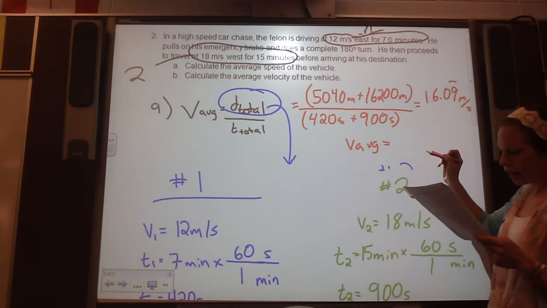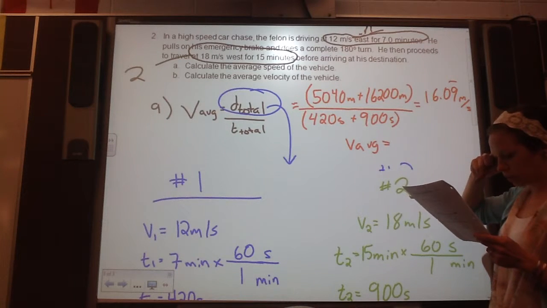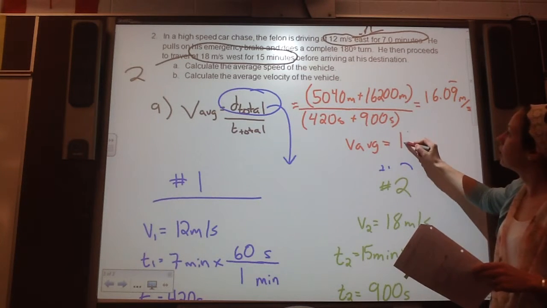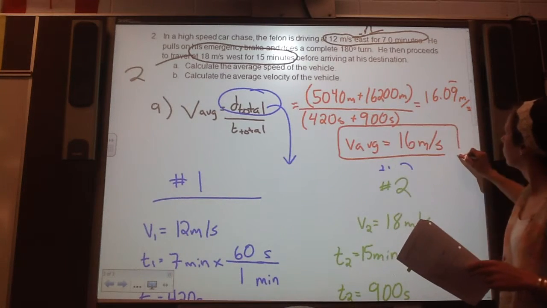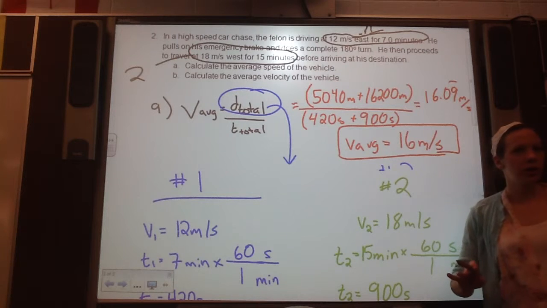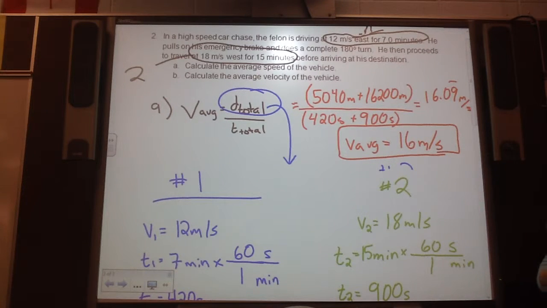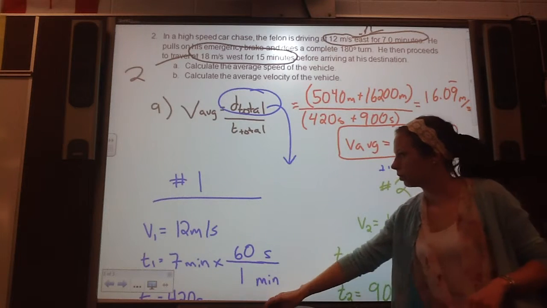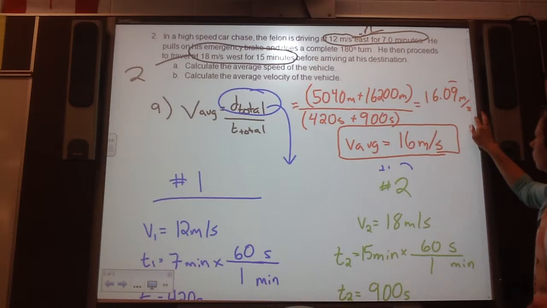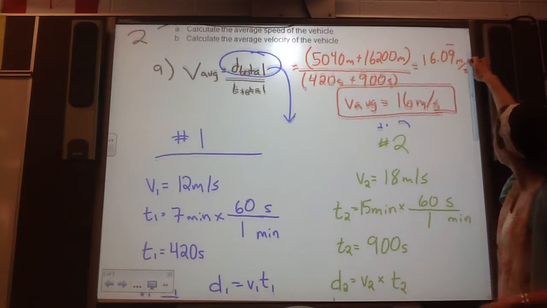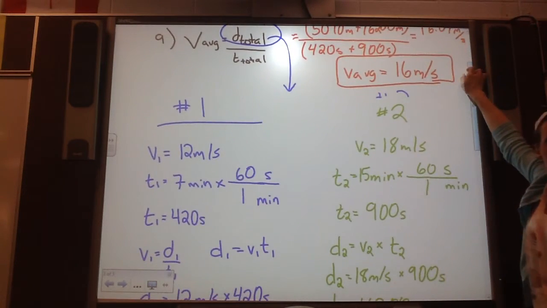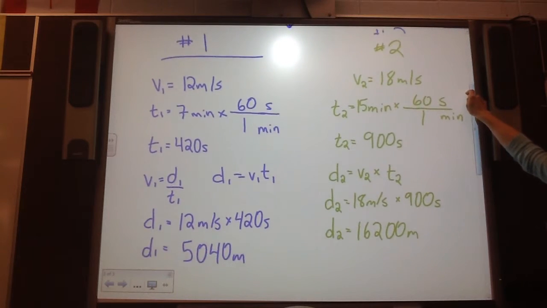So my V average then is 16 meters per second in sig digs, and no direction because it is speed. Speed is a scalar quantity, so no direction is needed. Good? Let's do average velocity now.